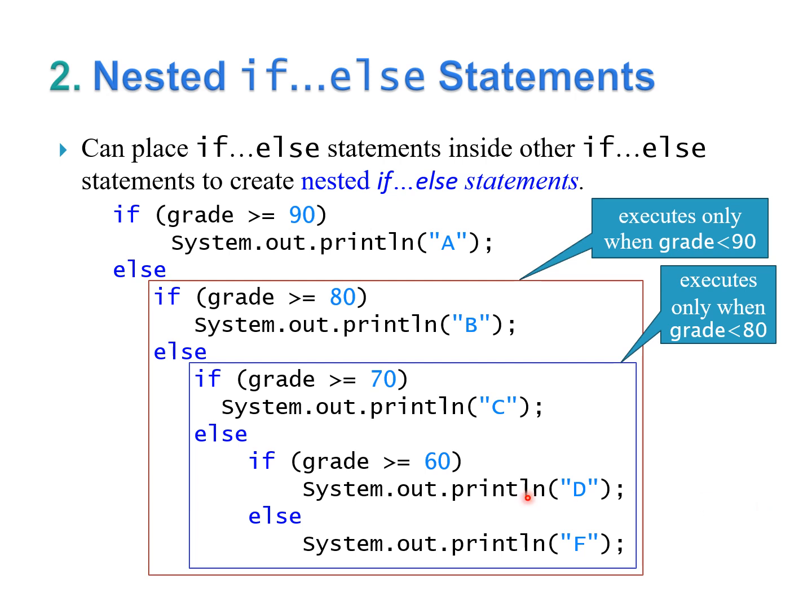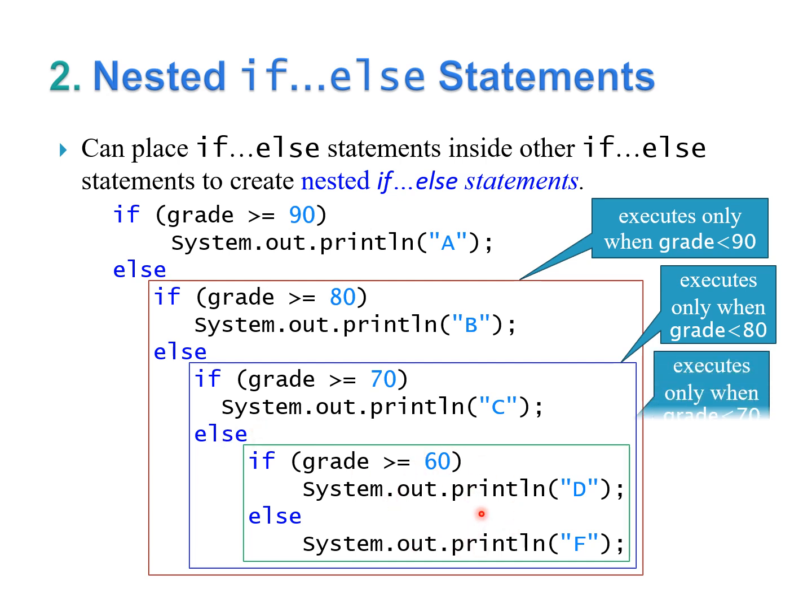The fourth and also the innermost if-else statement is nested in the body statement of the third if-else statement. It executes only when the conditions of all three outer if-else statements are false, which is equivalent to grade less than 70.